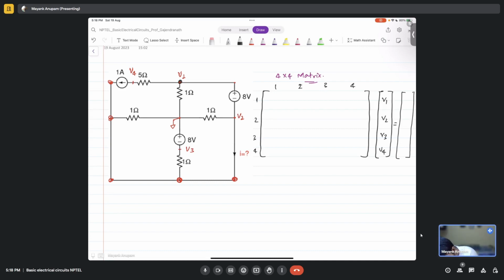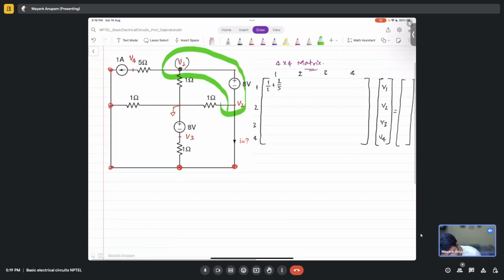At this V1, tell me what will be the entry. First entry, it will be 1 by 1 plus 1 by 5, right? What else? Do you see a voltage source here, which is between 1 and 2? So what should I do here? I should form a super node of 1 and 2, right?